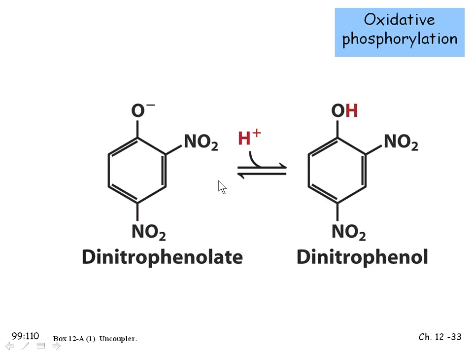It is possible to fake out the mitochondria, and it's possible with molecules like this. Take a look at these two molecules, dinitrophenolate and dinitrophenol, or DNP. Take a look at this molecule and tell me which of those two forms do you think would be more membrane soluble?